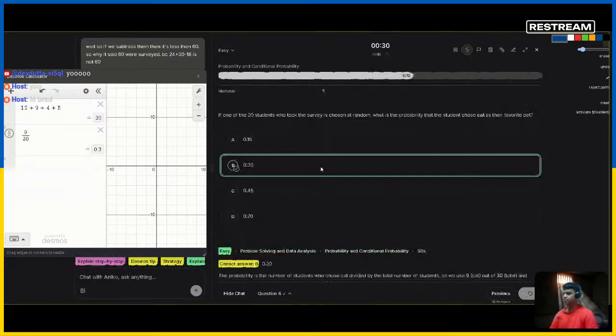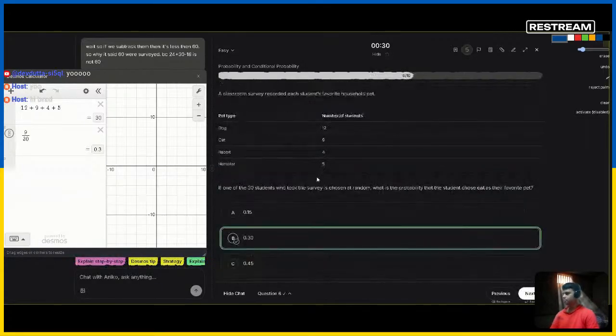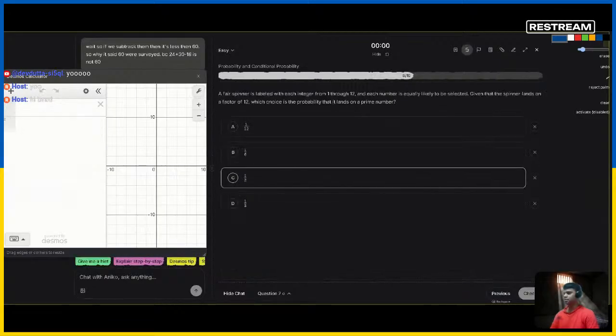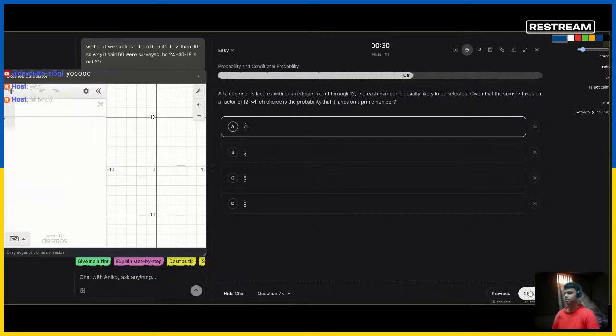Next: a fair spinner is labeled with each integer from 1 through 12, and each number is equally likely to be selected. Given that the spinner lands on a factor of 12, what is the probability that it lands on a prime number?